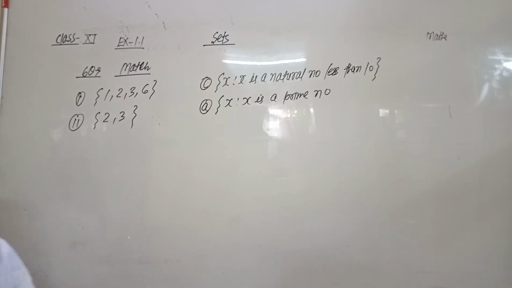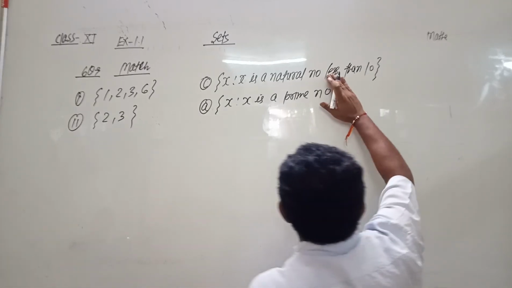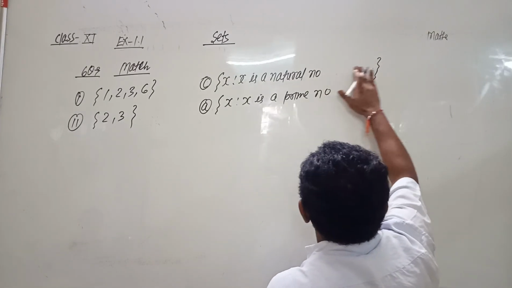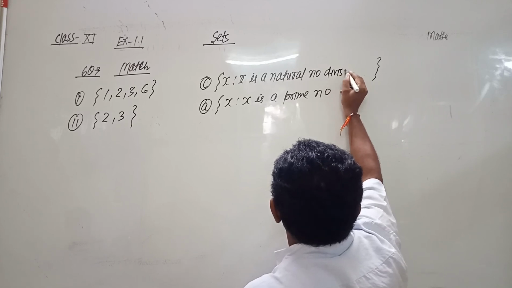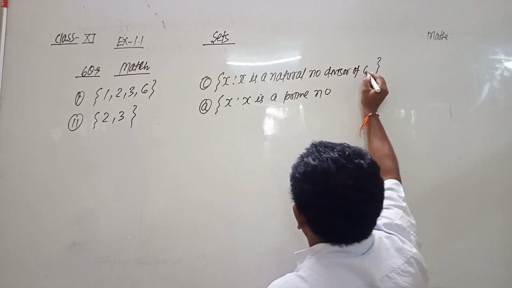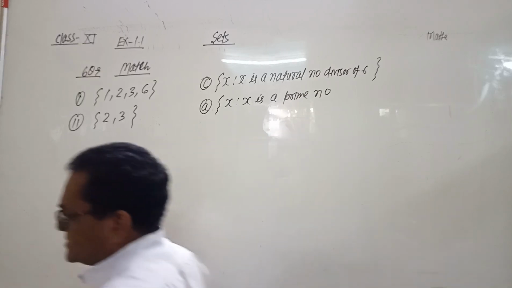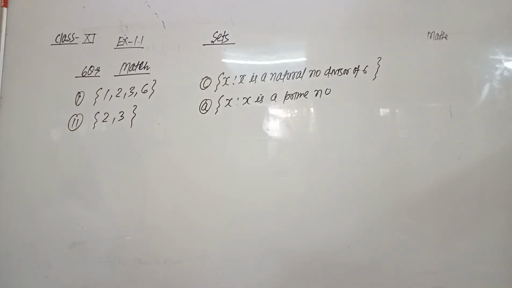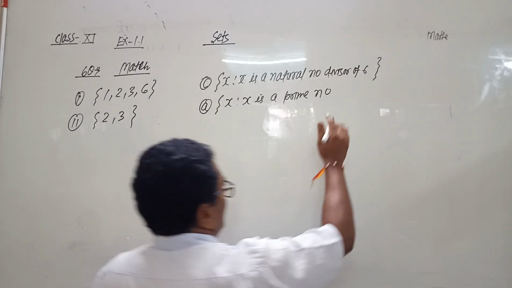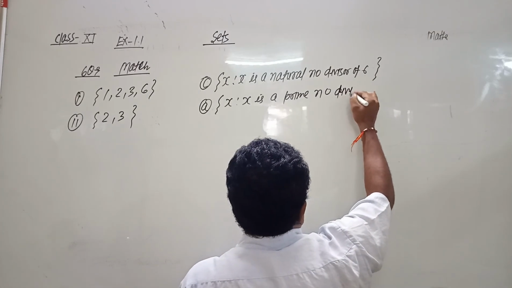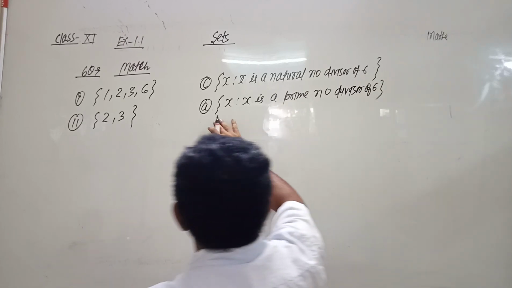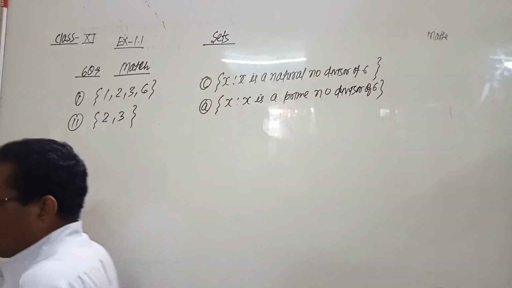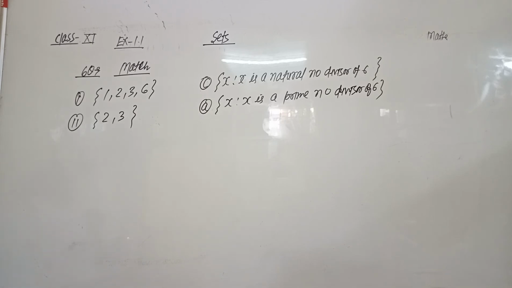Yes, we can also write natural number divisor of 6. And x such that x is a prime number and divisor of 6. Prime number divisor of 6. This is the set builder form of the roster form 2, 3.